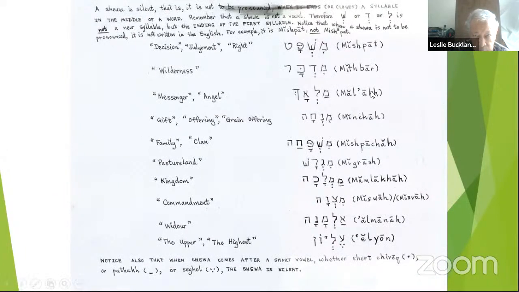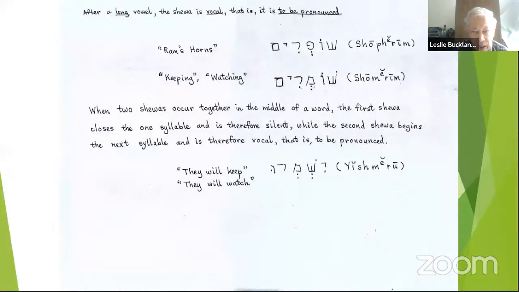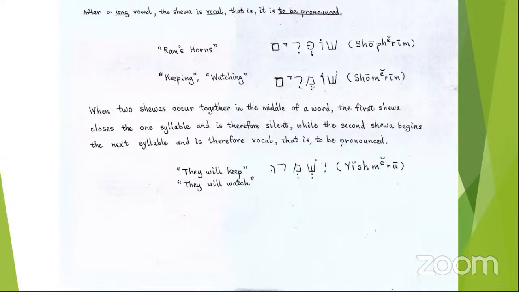But on the other hand, when you have the simple schwa coming at the end of a closed syllable, or preceded by a short vowel, the simple schwa is not to be pronounced. Sorry, only if it is preceded by a short vowel should it not be pronounced.